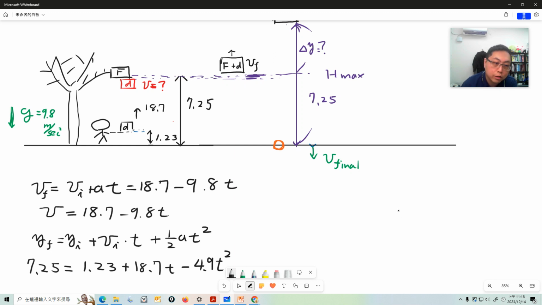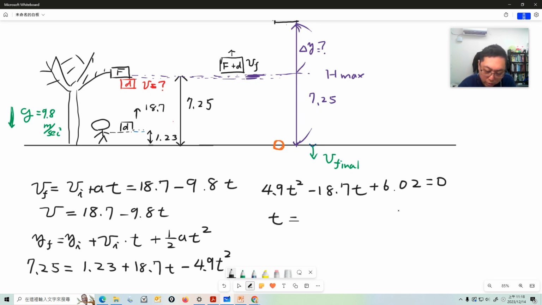After some rearrangement, you reach a quadratic equation: minus 4.9 t squared plus 18.7 t minus 6.02 equals 0. This quadratic equation gives two answers. Just calculate it by yourself.